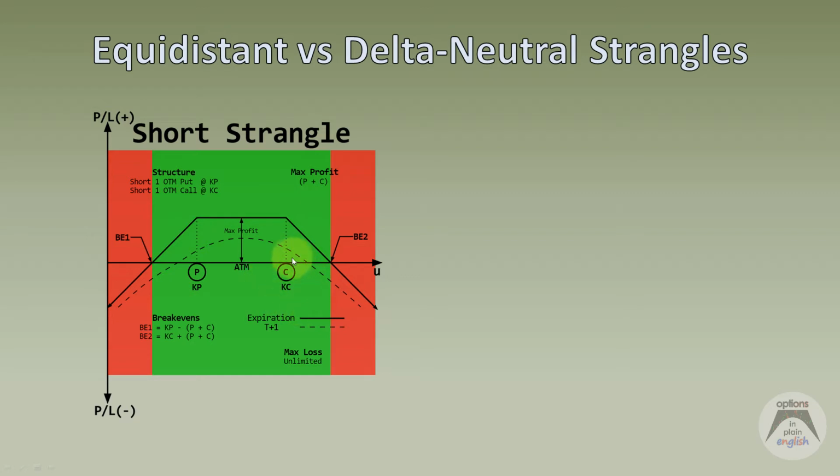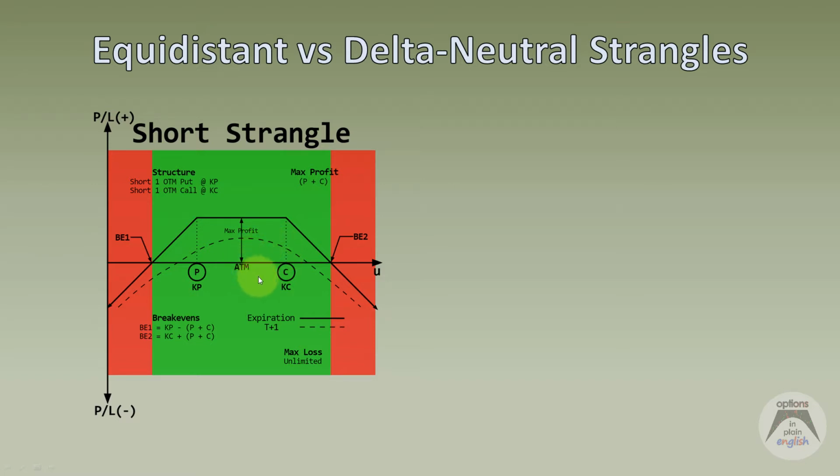Short strangles are usually put on when there is either a very high value of implied volatility, because you're going to get a high credit for the call and the put since they're going to be inflated with a higher value of IV, or when you expect the stock to stay in a range. So if you think that it's going to move sideways and be range bound, then you would put on a short strangle and take advantage of that.